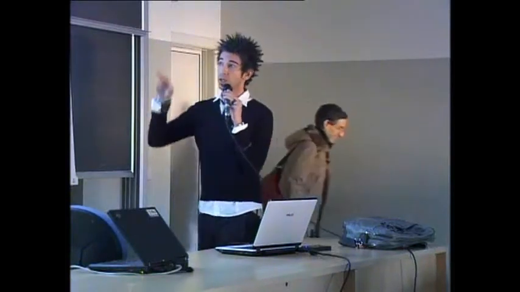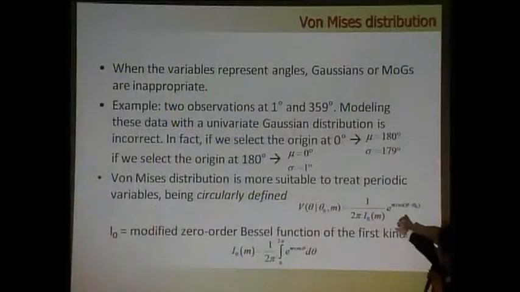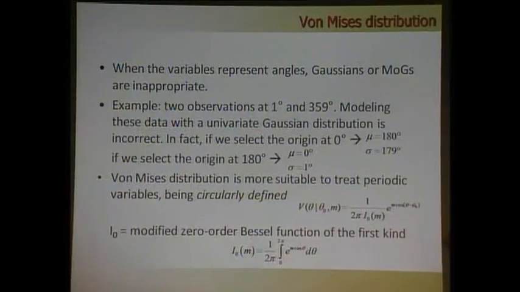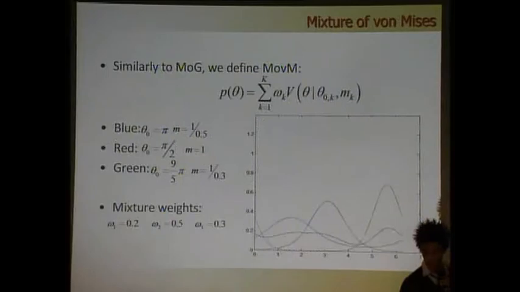And we choose the von Mises distribution that is circularly defined, so we can see the cosine in the exponential. And this distribution can wrap after a period of 2π. Similarly to mixture of Gaussian, we define the mixture of von Mises as a weighted sum of von Mises distributions, and we use that distribution to model the data belonging to a trajectory.